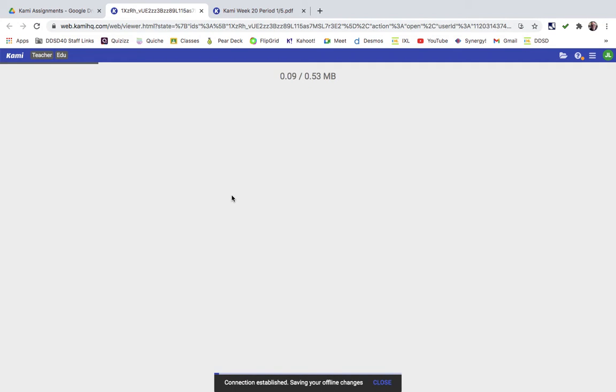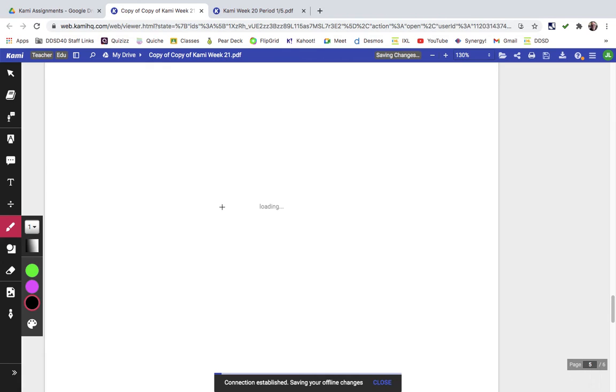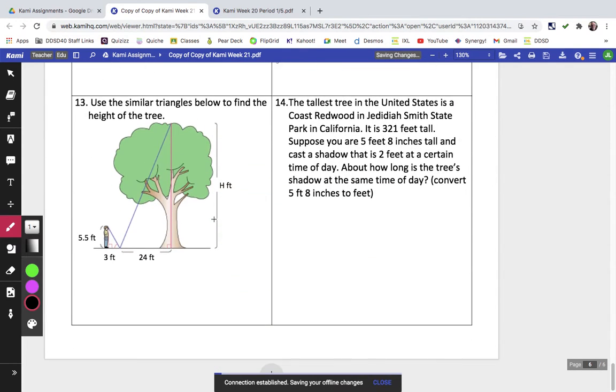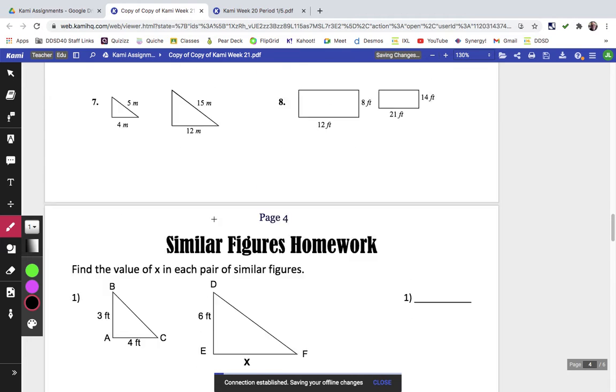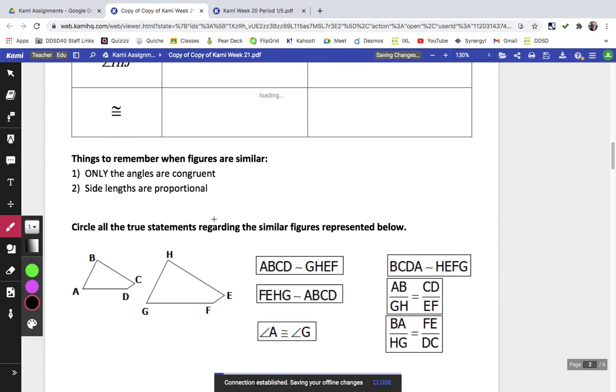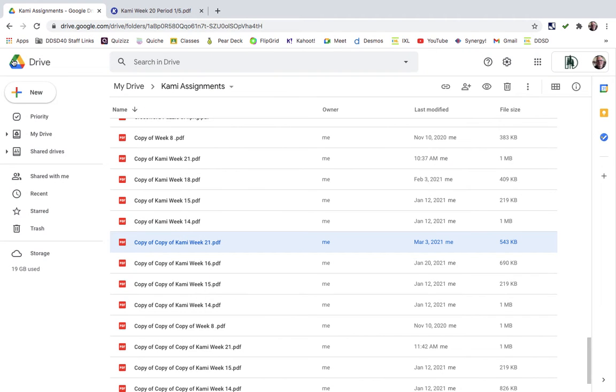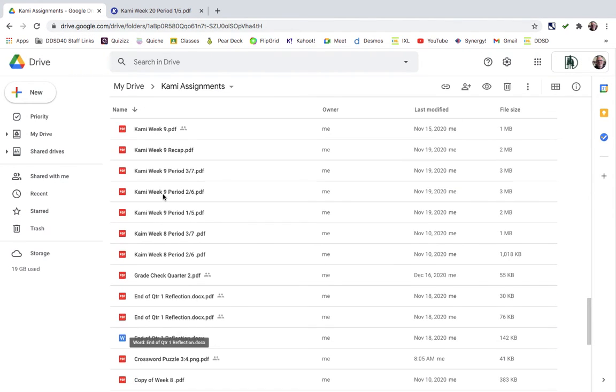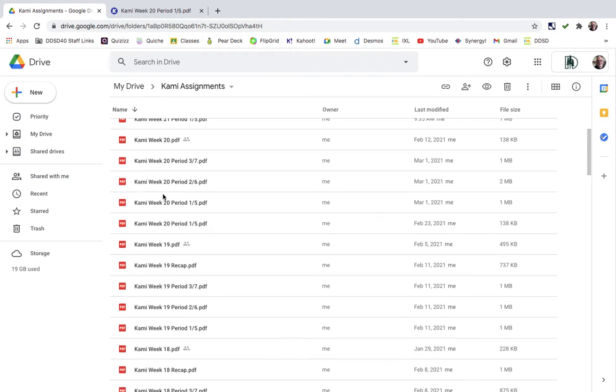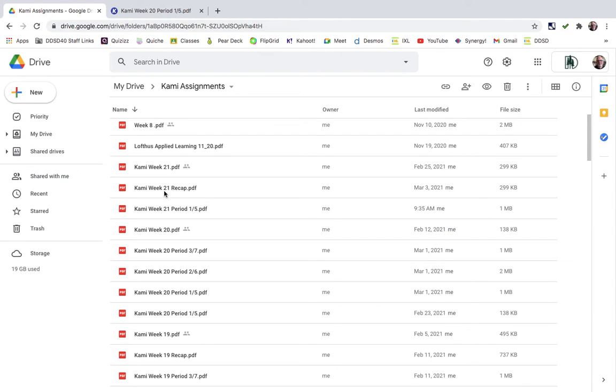So we started today looking at the tree problem at the bottom of the page. So we'll go there first. So problem number 13. Whoops, did we not do this one here? Okay, I am going to open one that was written on. Okay, week 21.